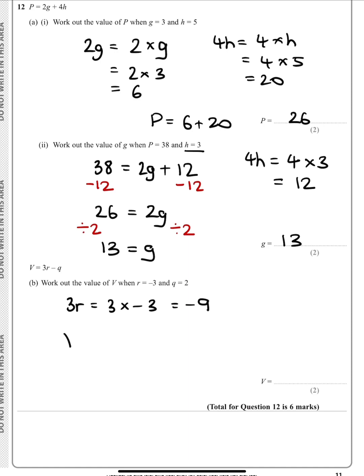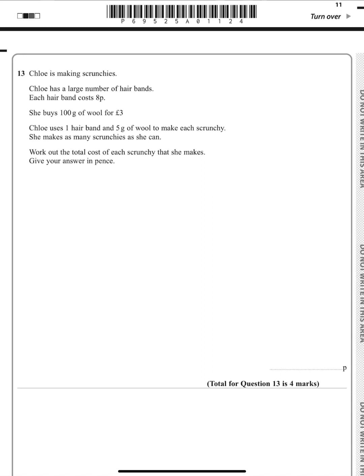So I've got V equals negative 9, take away Q. And it says that Q is 2, so I'm going to write V equals negative 9, take away 2. And negative 9 take away 2 is going to be negative 11. My answer gets smaller. Okay, so V is negative 11.